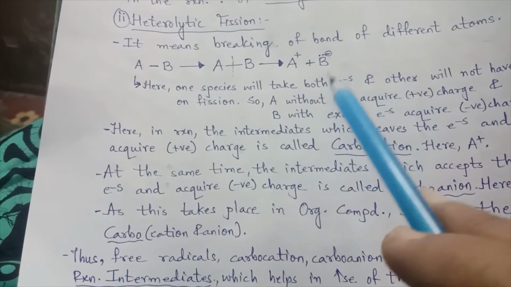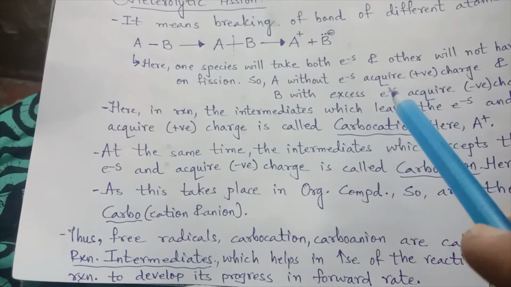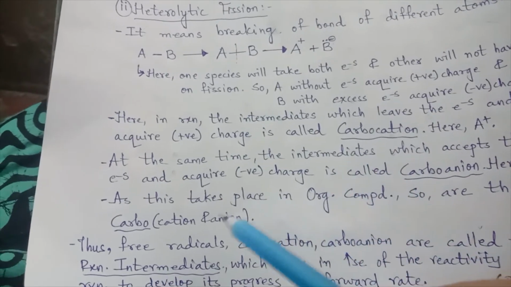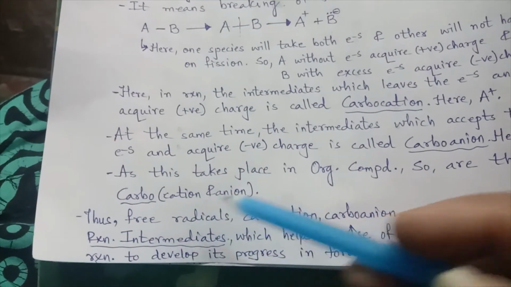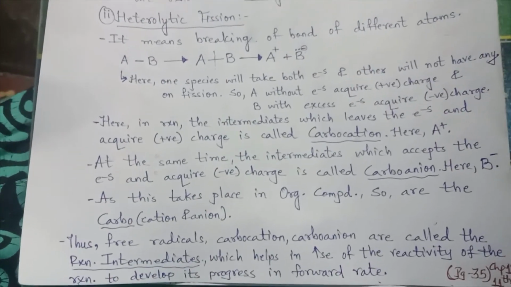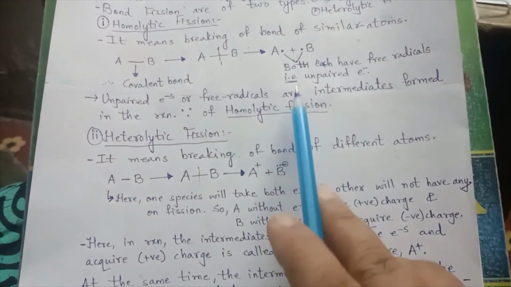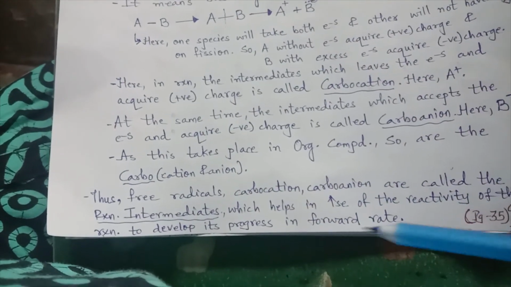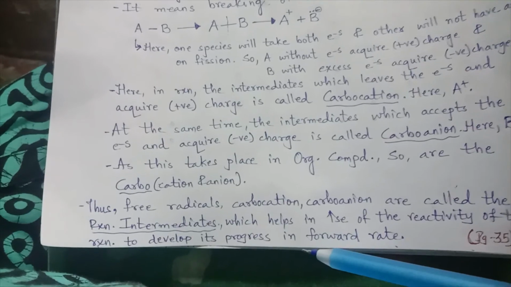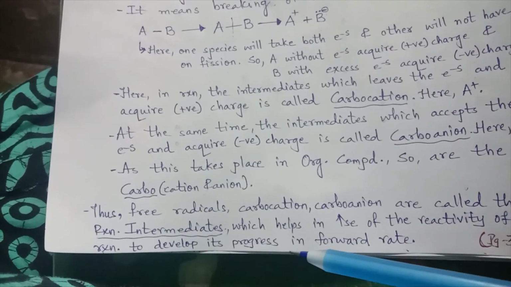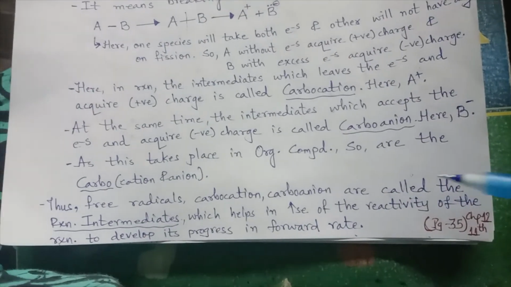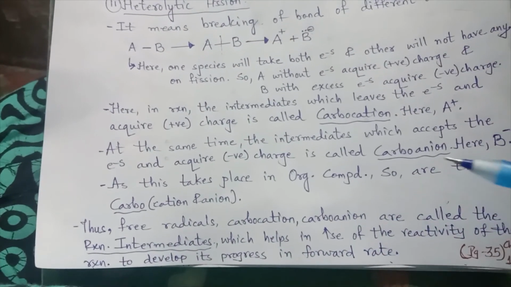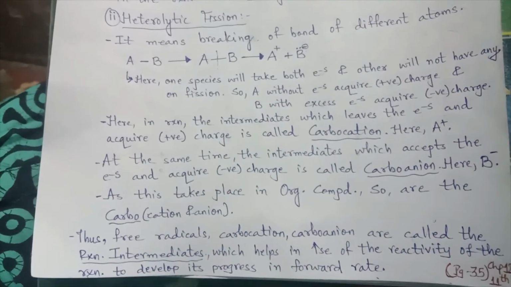But in an organic compound, which is centered on carbon, it is carbocation and carbanion. Thus, the free radicals in homolytic fission and the carbocation and carbanion in heterolytic fission are considered intermediates, and intermediates help increase the reactivity of the reaction so it progresses in the forward direction, right?